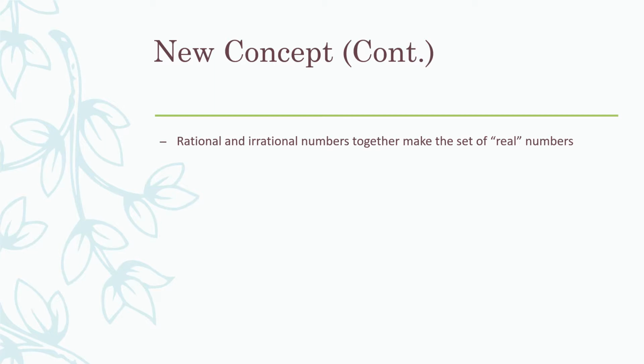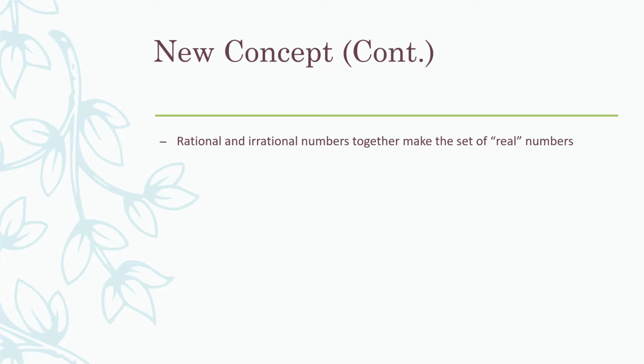When you put those two sets together, so we talked about rational numbers before, that's anything that could be written as a fraction. So that's all whole numbers, all integers with the negative numbers, that's all fractions and non-repeating decimals, or even some repeating decimals, I should say.